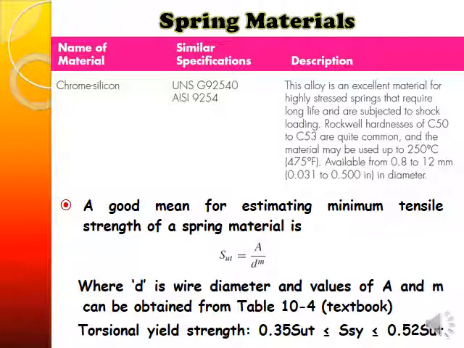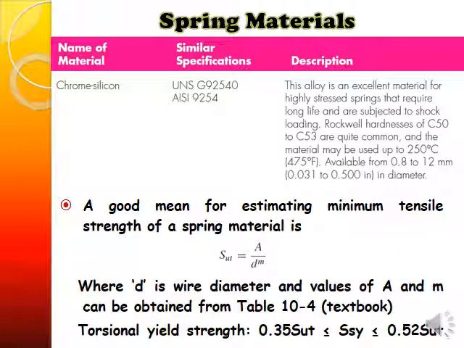But once we know the wire, how do we know what is the strength of the spring itself? Because wire is not used as a wire. Wire is transformed into a spring which is of a helical shape, and that may have a different strength.